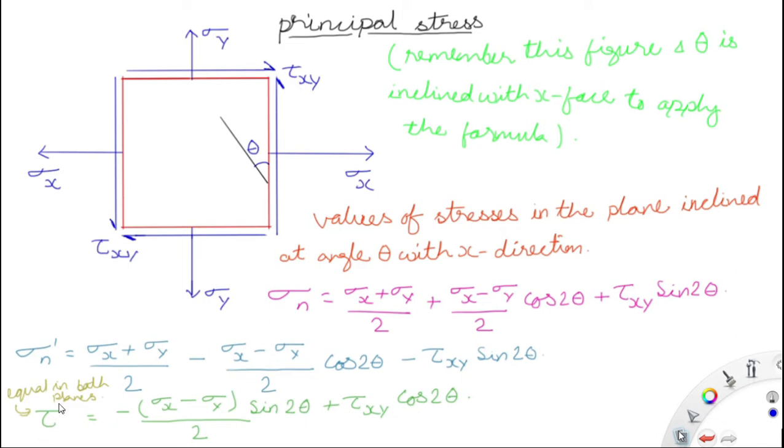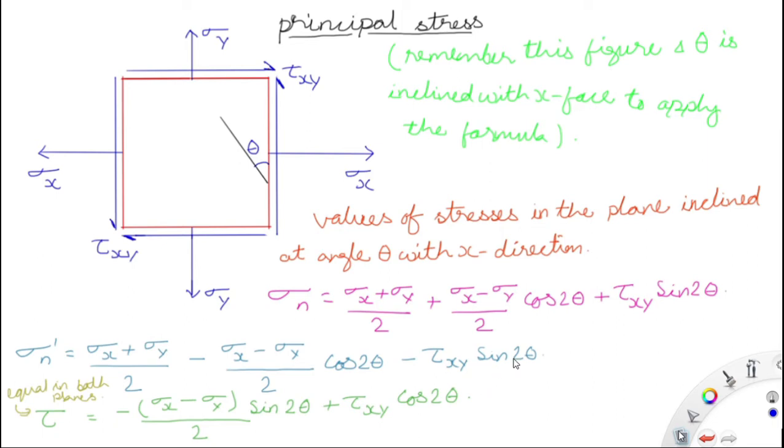First of all, sigma n, the normal stress in that plane inclined at an angle theta, is equal to (sigma x plus sigma y)/2 plus (sigma x minus sigma y)/2 into cos 2 theta plus tau xy sin 2 theta. Similarly, sigma n dash, the other normal stress, is equal to (sigma x plus sigma y)/2 minus (sigma x minus sigma y)/2 into cos 2 theta minus tau xy sin 2 theta.